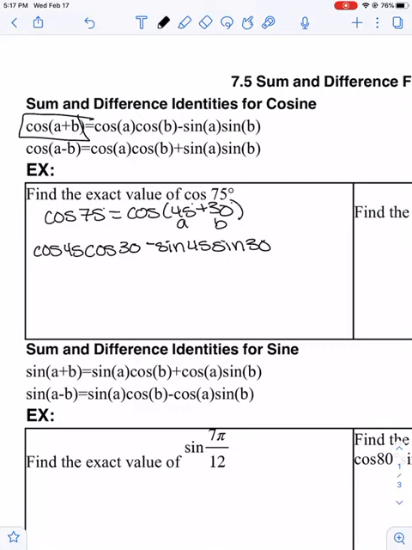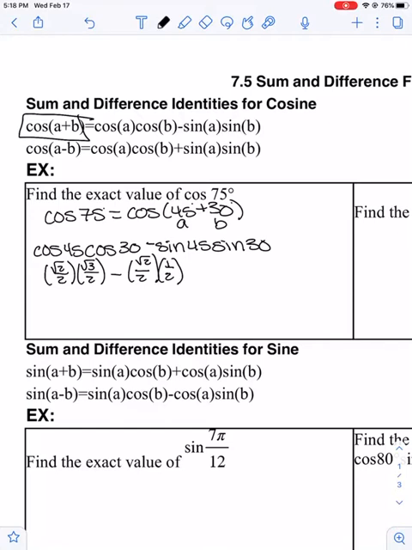The cosine of 45 is root 2 over 2. The cosine of 30 is root 3 over 2. And then minus the sine of 45 is root 2 over 2. And then the sine of 30 is 1/2.